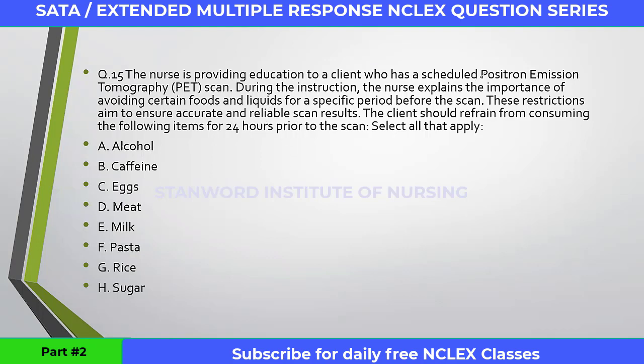So the patient is going for the PET scan, and here the question is directly related to the diet. Which kind of food should the client refrain from 24 hours prior to the scan?